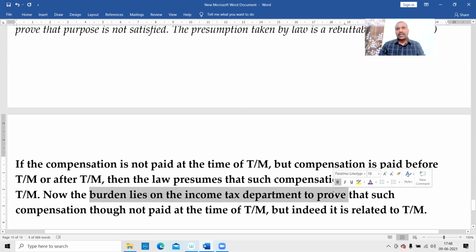If the timing condition is satisfied, law presumes the purpose, and the assessee's burden is to disprove the purpose.